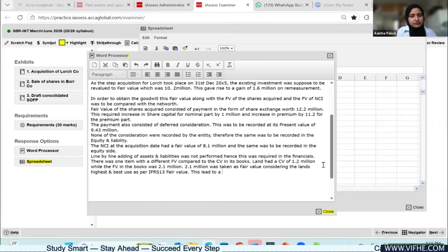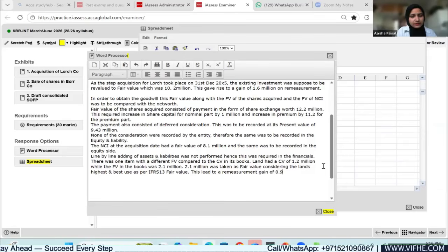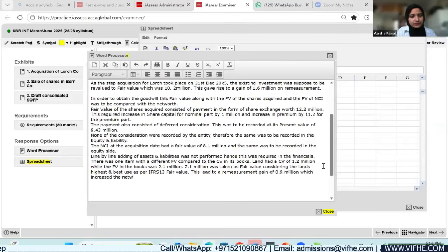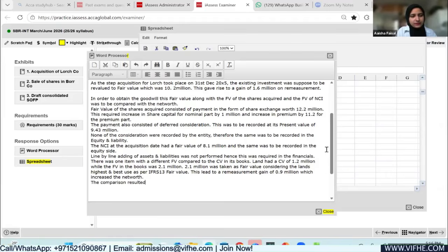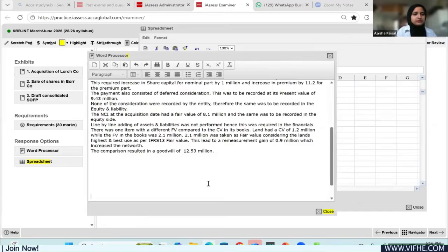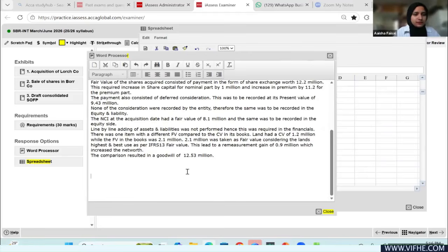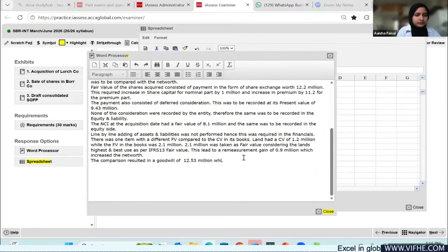This led to a remeasurement gain of 0.9 million, which increased the net worth. The comparison resulted in a goodwill of 12.53 million, which was to be recorded on the asset side.